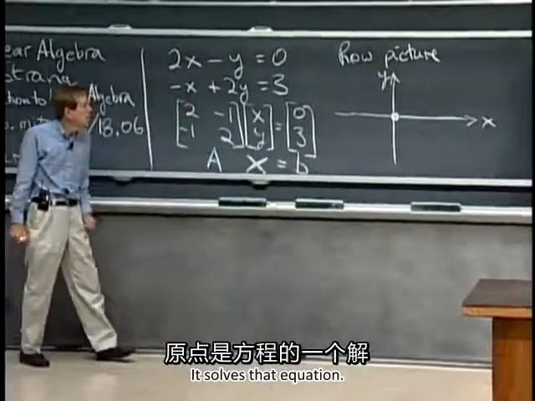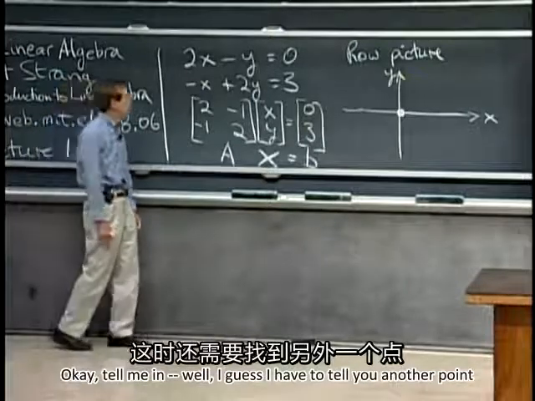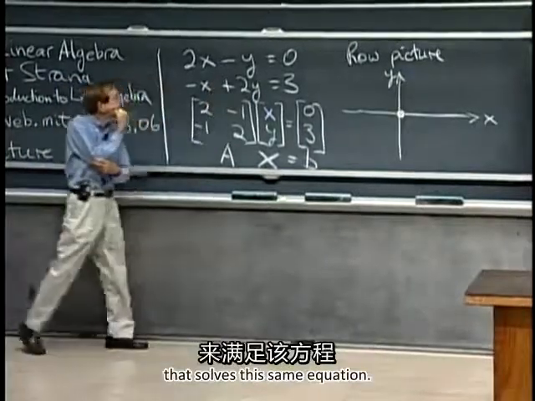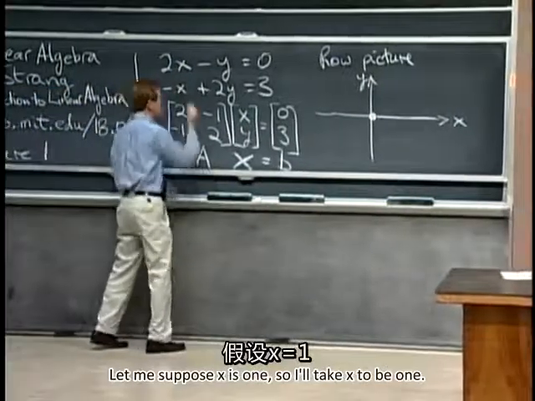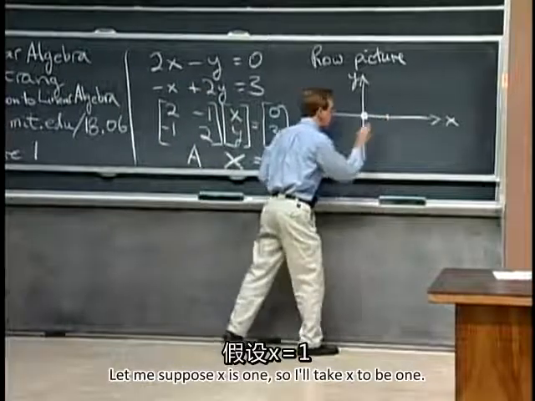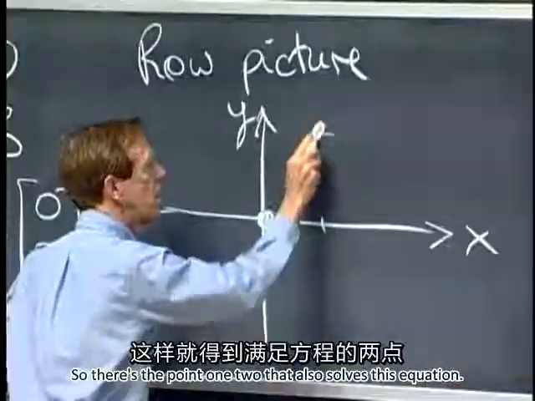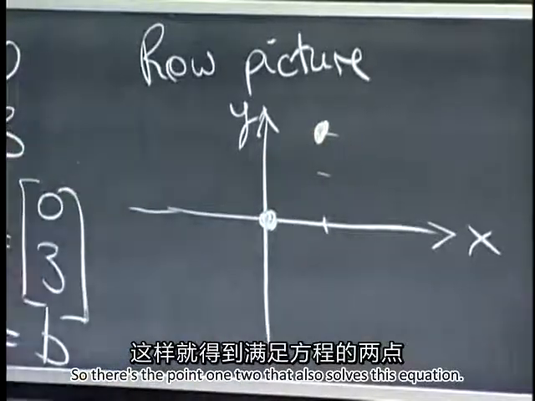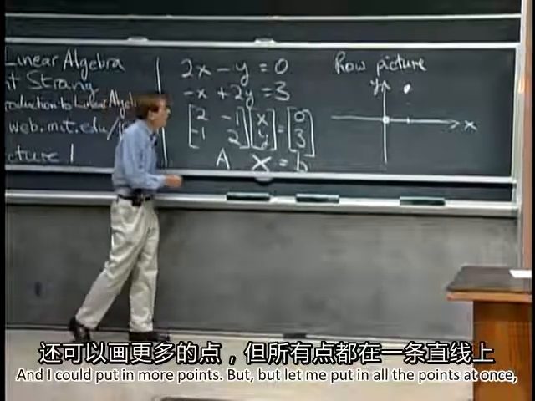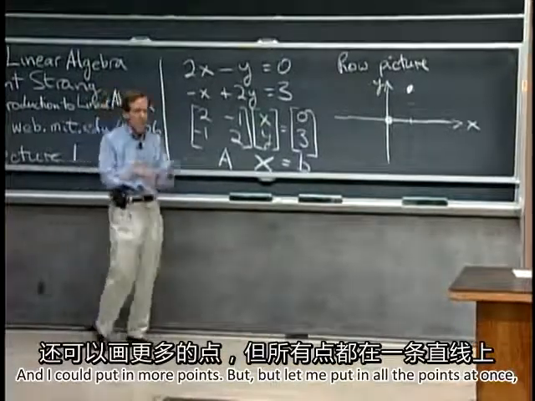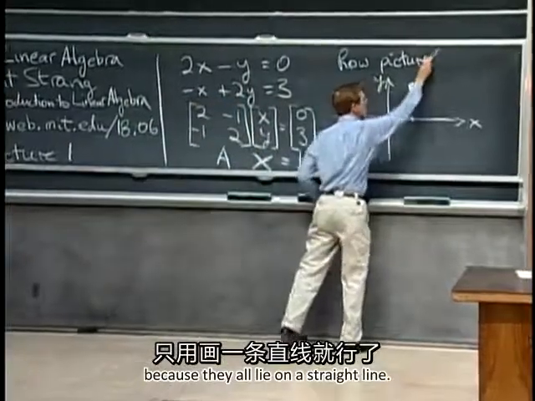It solves that equation. Okay, tell me, well, I guess I have to tell you, another point that solves this same equation. Let me suppose x is 1, so I'll take x to be 1. Then y should be 2, right? So there's the point 1, 2 that also solves this equation. Then I could put in more points. But let me put in all the points at once, because they all lie on a straight line.